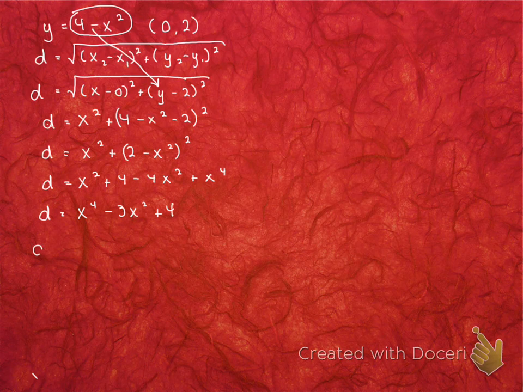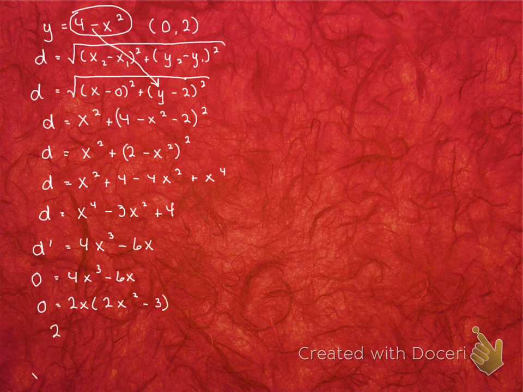Okay, so let's just call that d prime. It's 4x cubed minus 6x. Now we'll set that equal to 0 to find those critical numbers. In other words, to find that point where we've got either a max or a min. So we can factor out a 2x, and we're left with 2x squared minus 3.